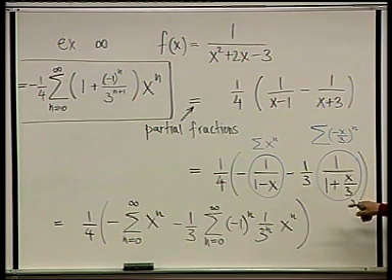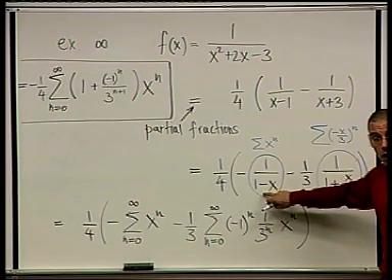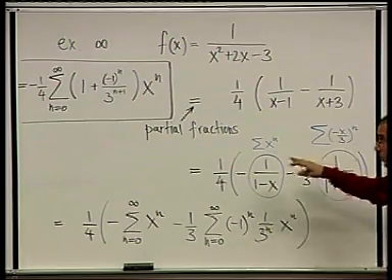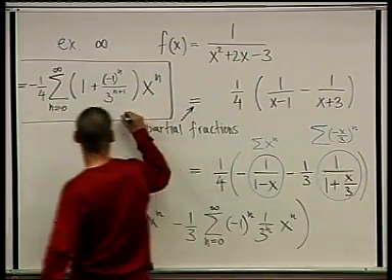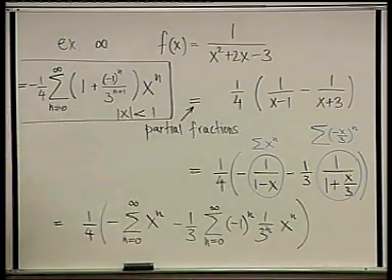Do you see that? So for both of them, this requires x to be less than 3. This requires x to be less than 1. So for everything to work, I need the smaller. So this is true for x less than 1. Good?